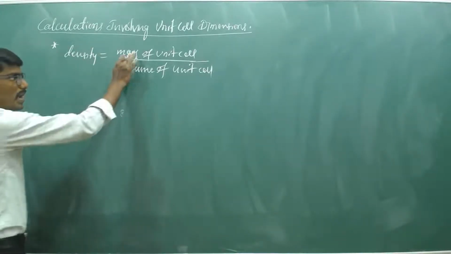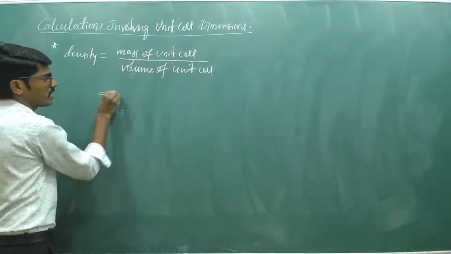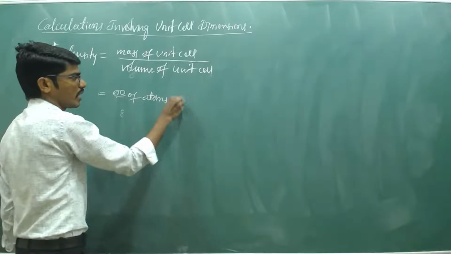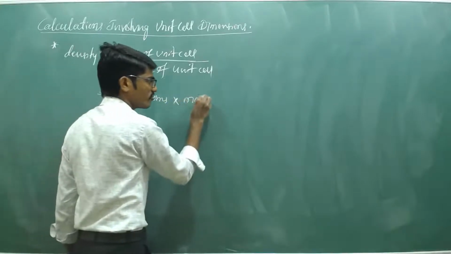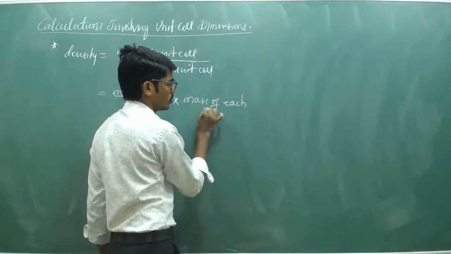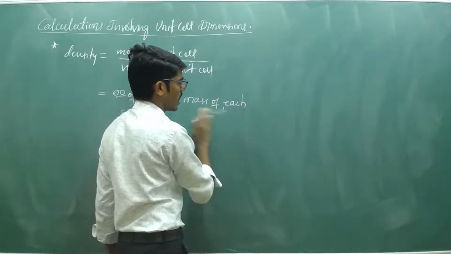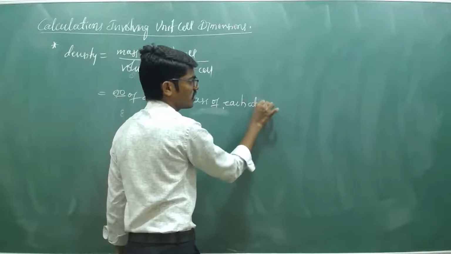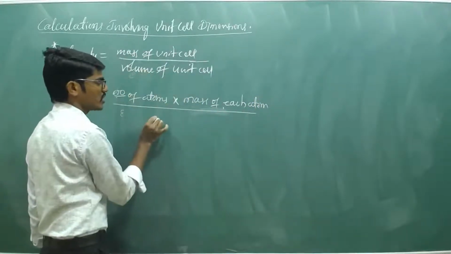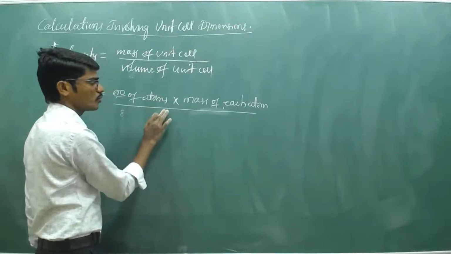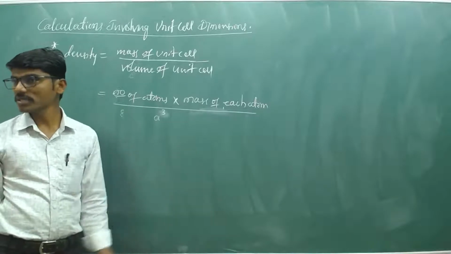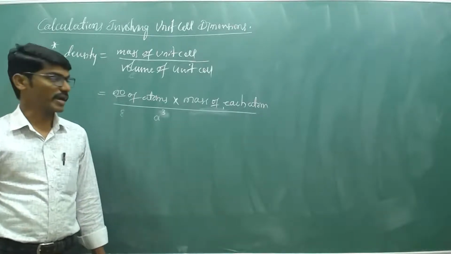So here, mass of unit cell. In this place we can write number of atoms into mass of each atom, divided by volume of unit cell, that is a cubed, where a is the edge length.